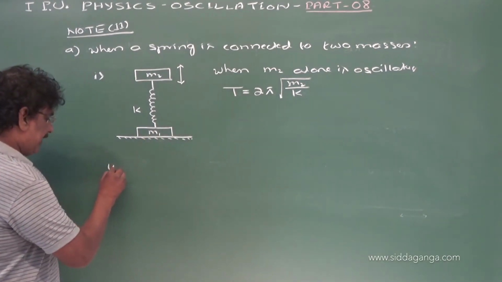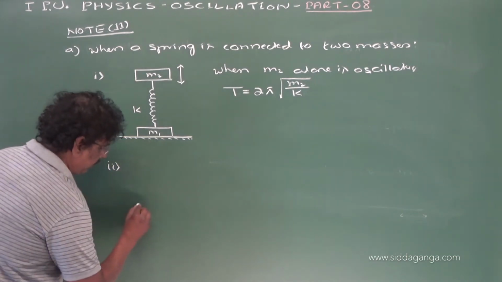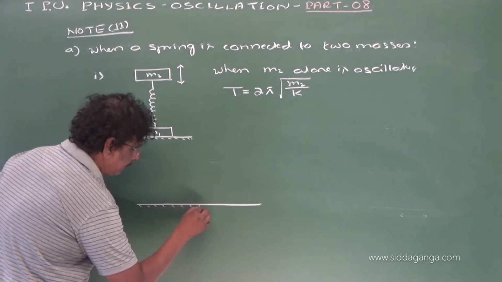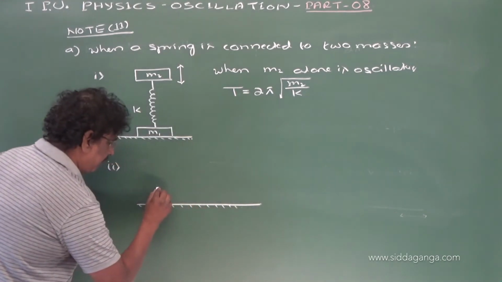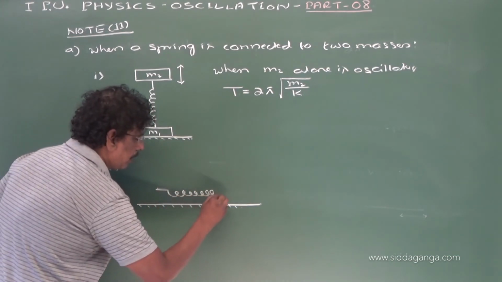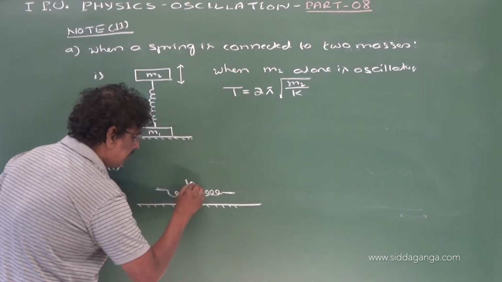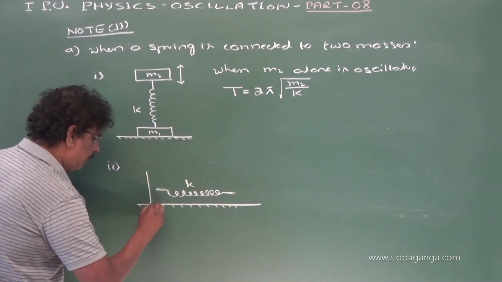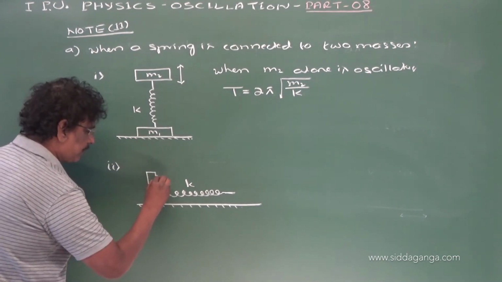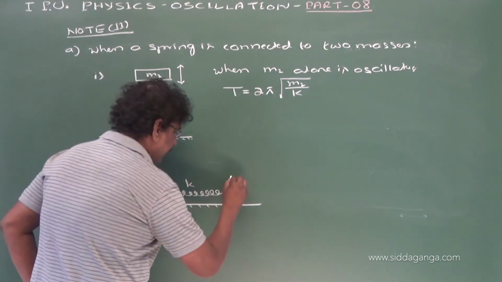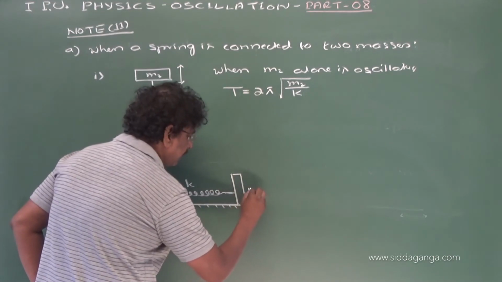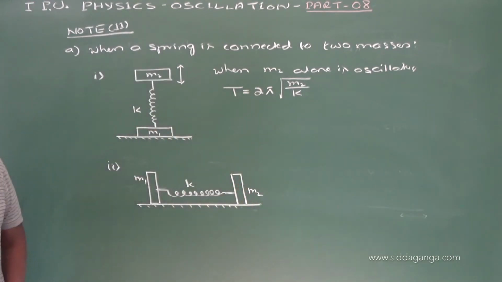Now the second case we take: this is a horizontal plane. Now we have a spring of spring constant k. One end of the spring is attached to a mass m1 and the other end of the spring is attached to another mass m2.